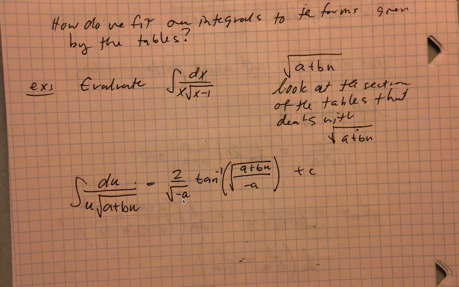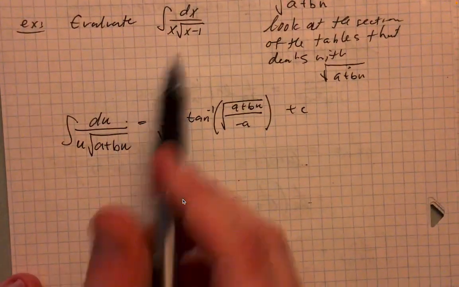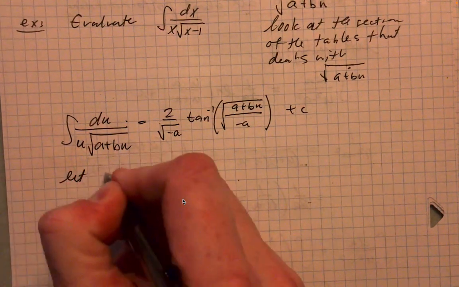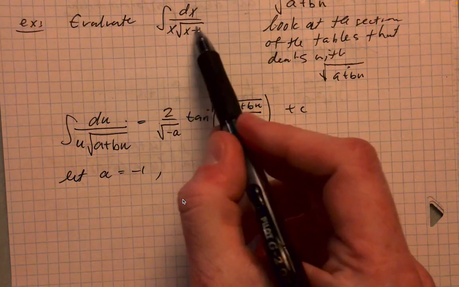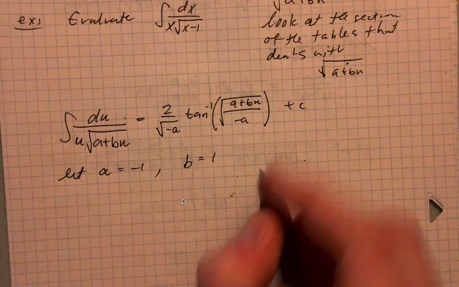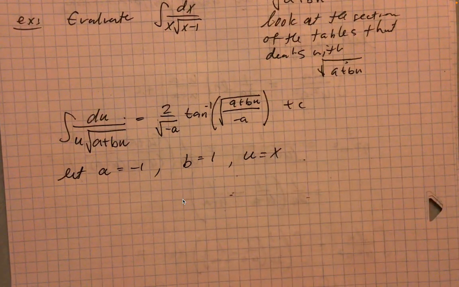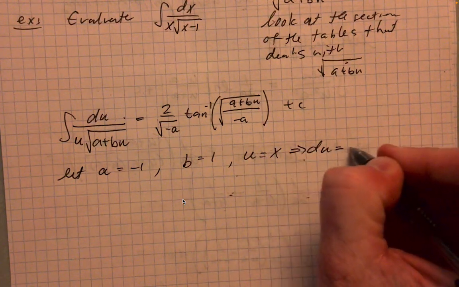So for this one, looking up here at our expression, let's let a equal negative 1, and b will be equal to 1. And of course, u in this instance is just x. So if u is x, then du is equal to dx.